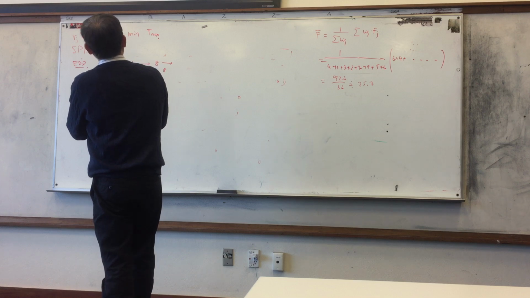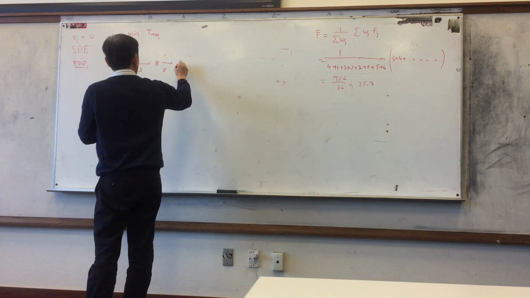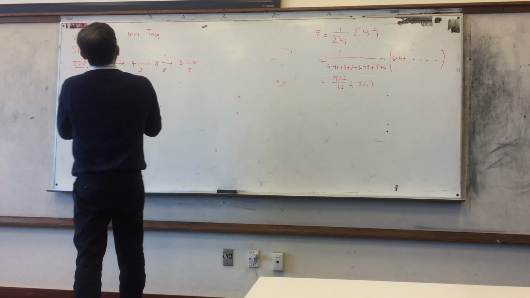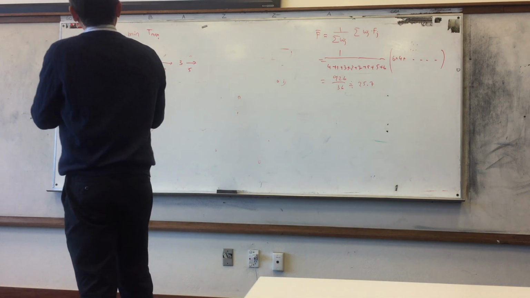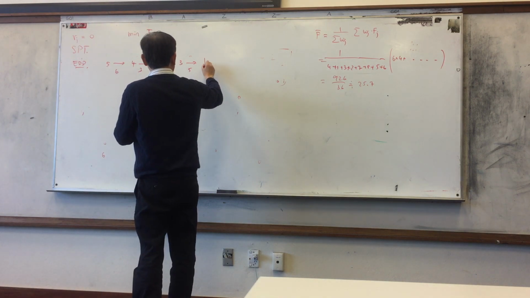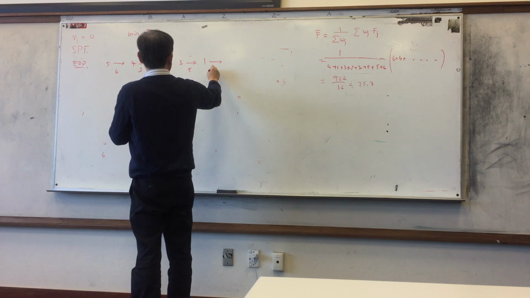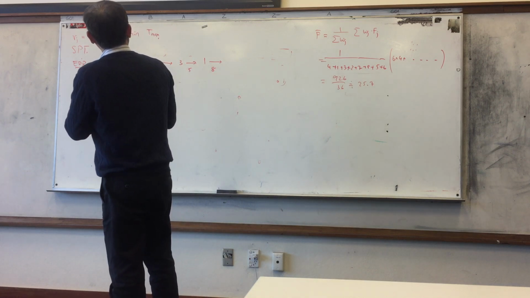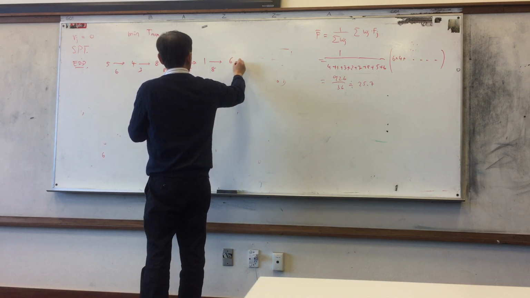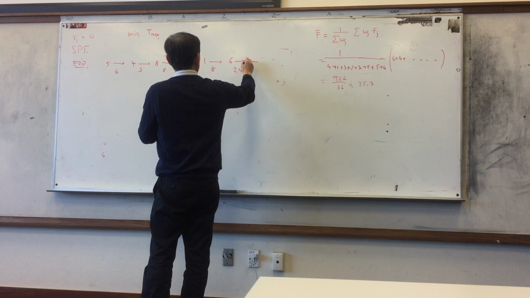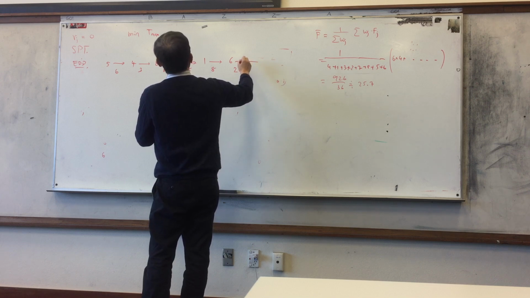Then 3, which has a flow time of 5. The next one is 1, which has a flow time of 8. Then 6, which has a flow time of 10, sorry, it's 10.